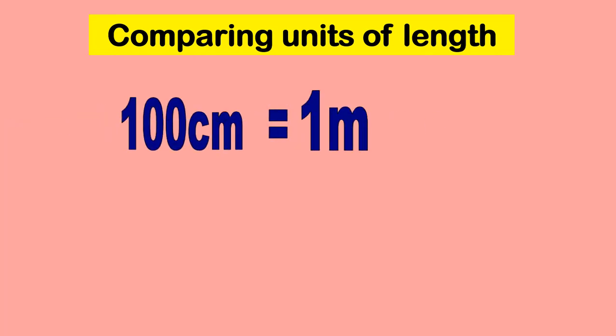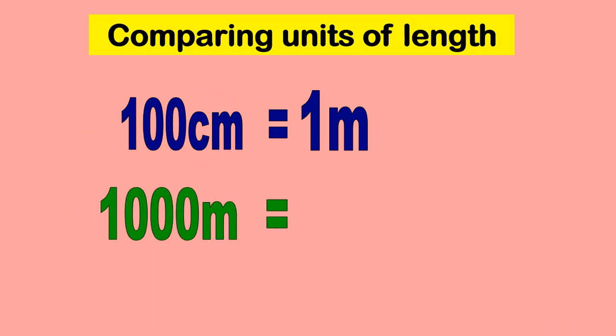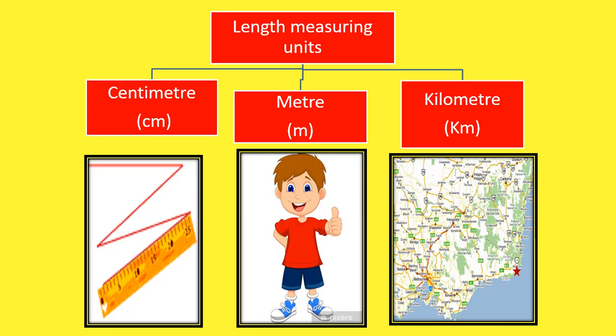1 meter equals 100 centimeters, and 1 kilometer equals 1000 meters. And the very large lengths, like the distance between two cities.